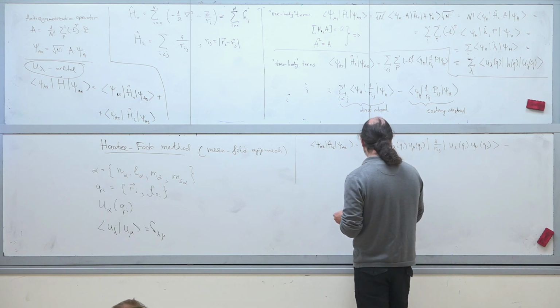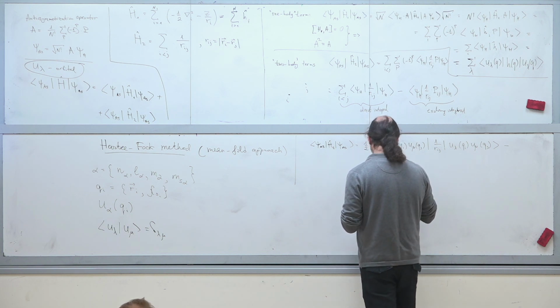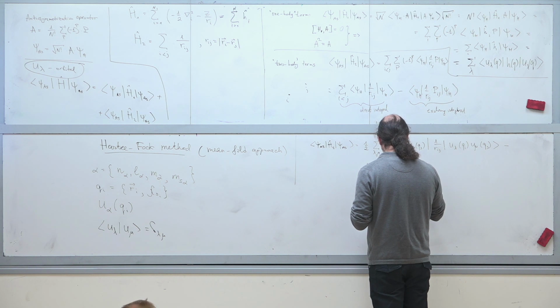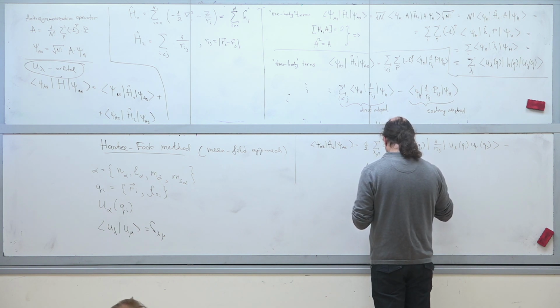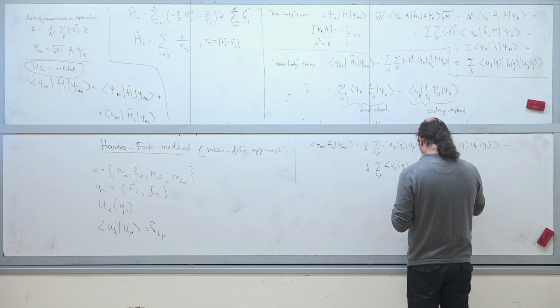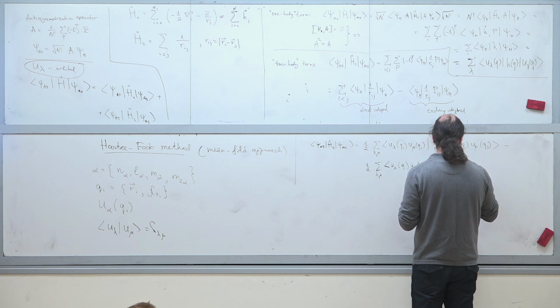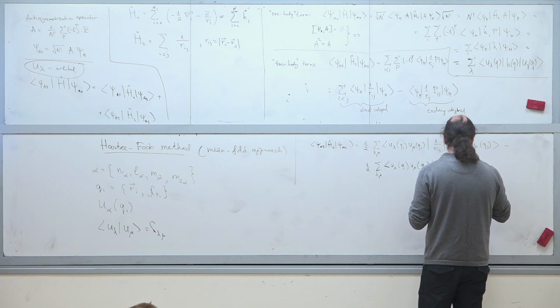So now it's the sum over lambda and mu, and then I have u lambda of qi, u mu of qj, now closest over rij. But now from here I have u mu of qi, u lambda of qj.